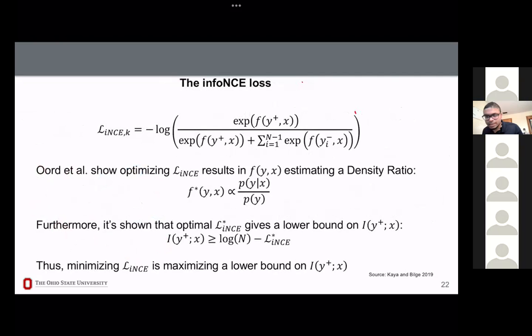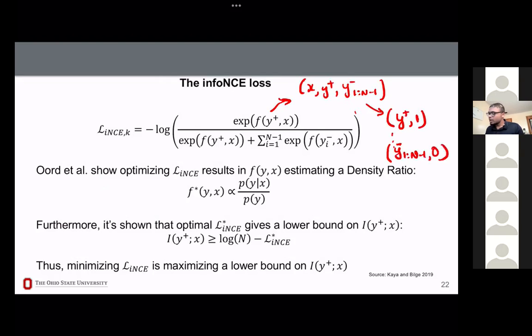So basically, as I said, because the loss function started to look a lot like multi-class logistic regression, they really build upon that. So what this f(y, x) really says is, given x, and given this set that we created, y plus and n-1 y minuses, we create a new set where we assign label 1 to y, and all the y negatives are assigned a label 0.